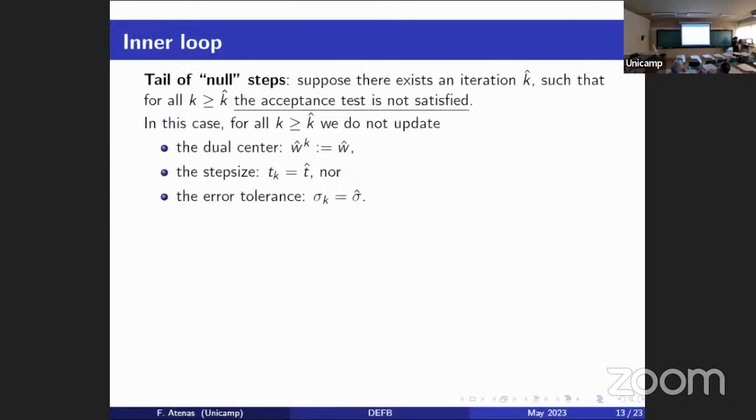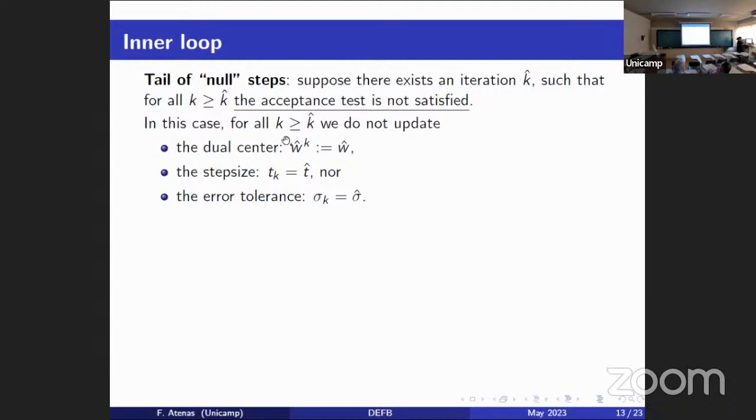So first, we analyze what I call rule steps, resembling somehow the terminology of model methods. It's not exactly the same, but it's the same idea. What I mean by that is that we have a last iteration where we pass the test, right? After that, we have a tail of these intercepts.